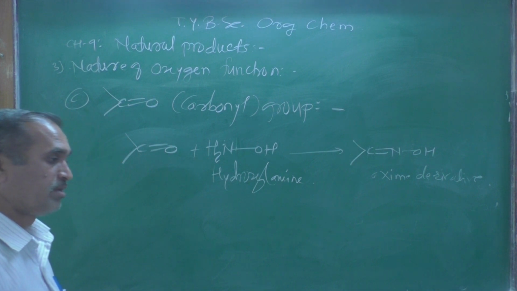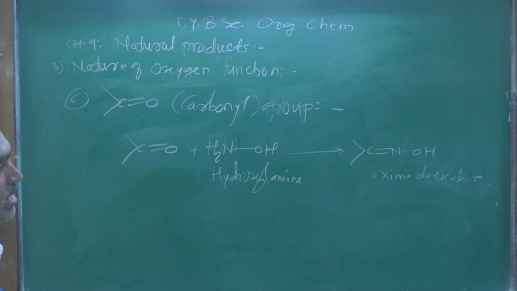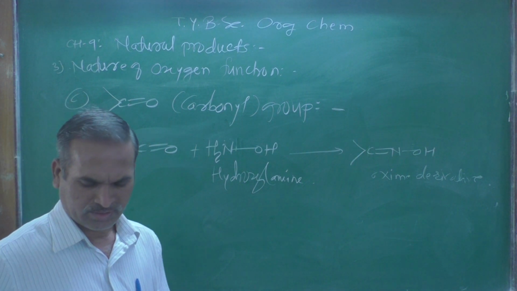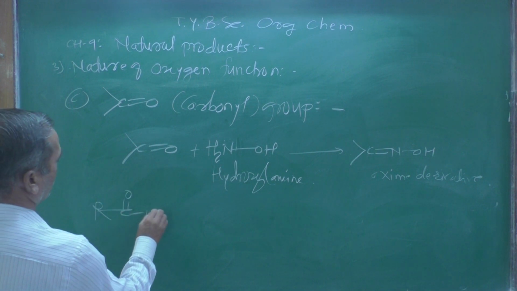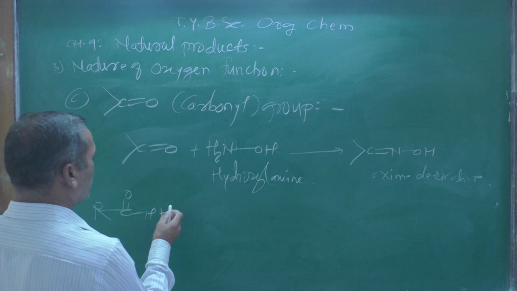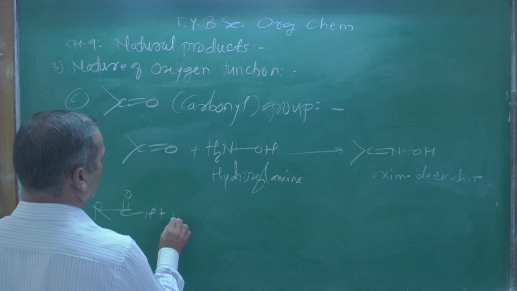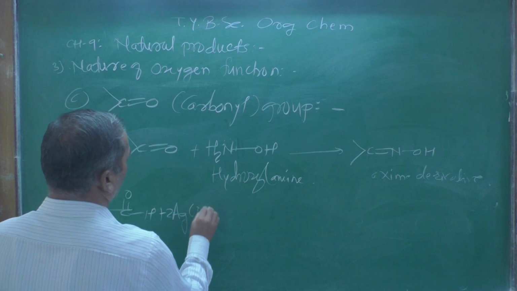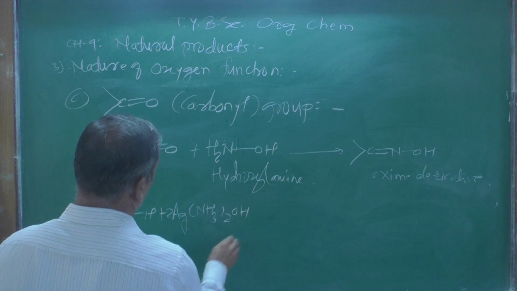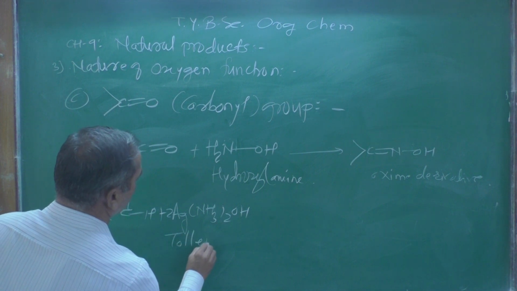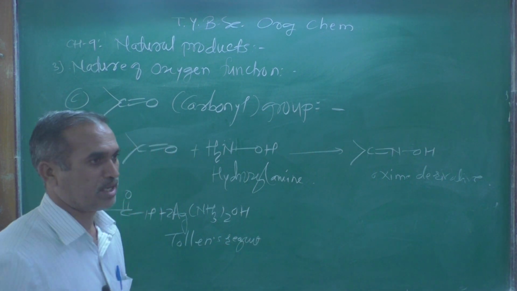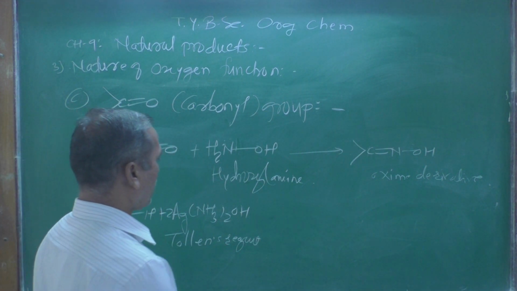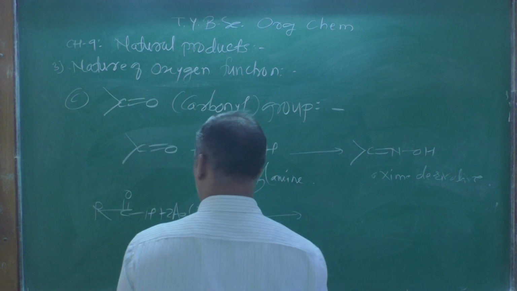For the distinction between aldehyde and ketone, you have to perform another test. Suppose the given compound is aldehyde in nature, then it will react with Tollens' reagent. Tollens' reagent is [Ag(NH3)2]OH, and this is the reagent which can distinguish the aldehydic group from the ketonic group.